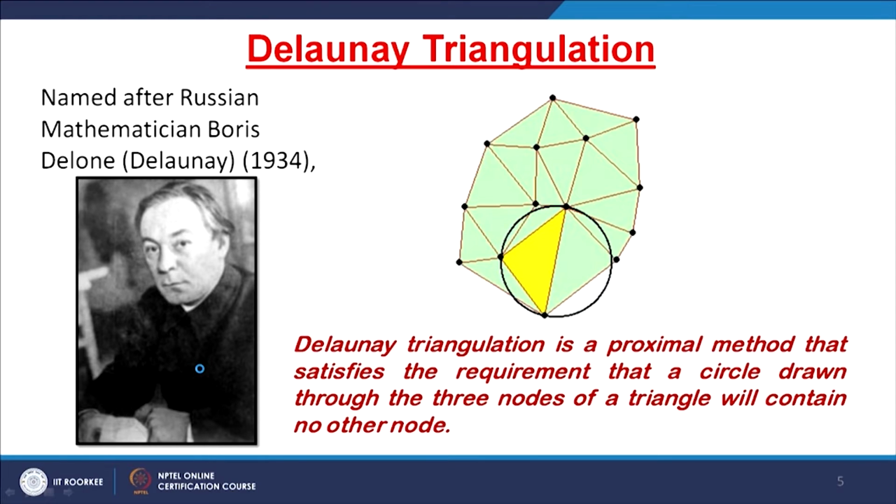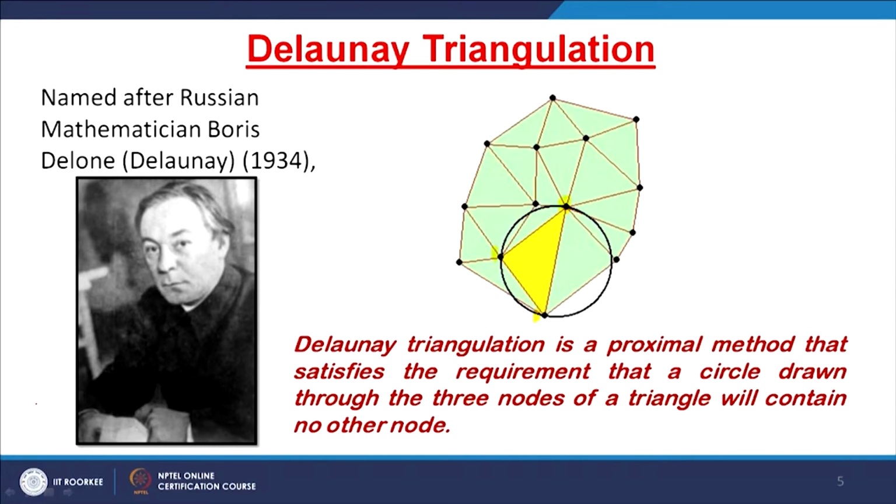Like here the example is shown that around this yellow colored triangle, when a circle is drawn, no other nodes are present except these. So, this is what the Delaunay concept says, and you can test this on any other location within this figure or any real output of TIN, that it should satisfy this, that there cannot be any other node except these three, and that is why a triangle is formed.